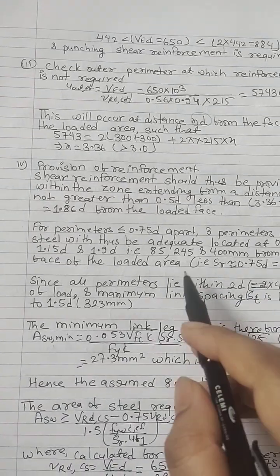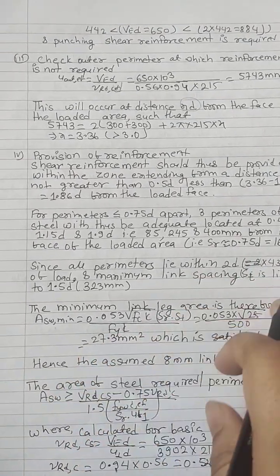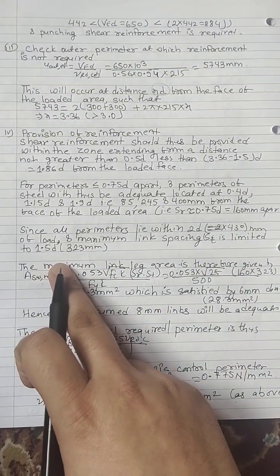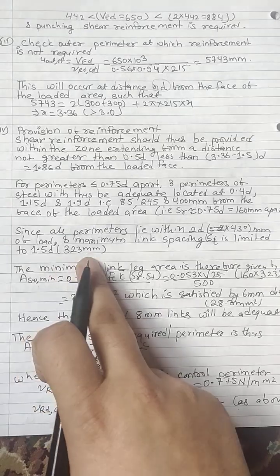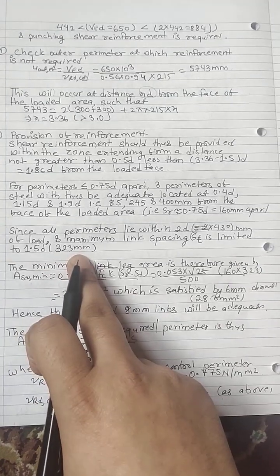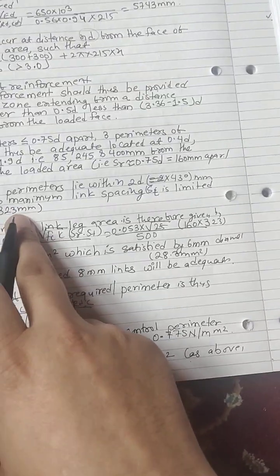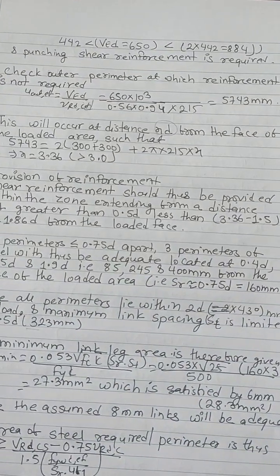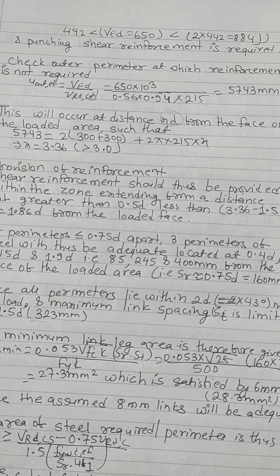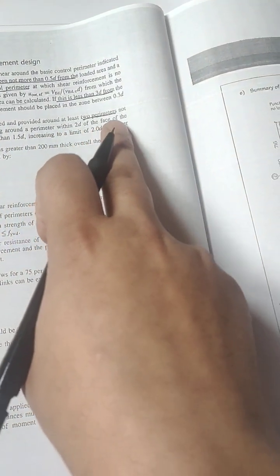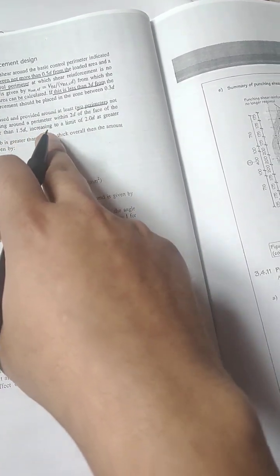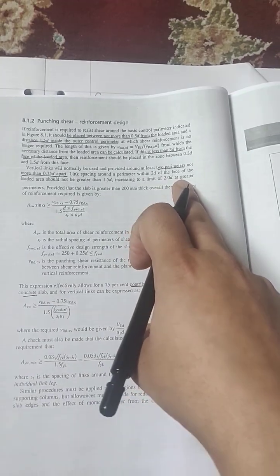Our maximum is 400, so the maximum link spacing is limited to 1.5d. We limit the maximum spacing to 1.5d. The perimeter link spacing for perimeters within 2d of the loaded area should not be greater than 1.5d, increasing to 2d at the greater distance.